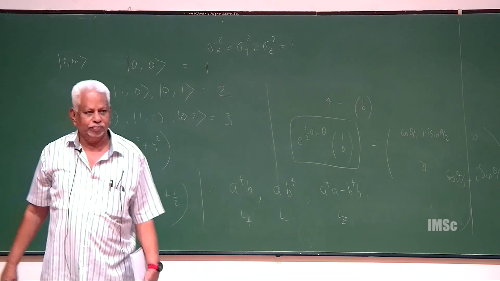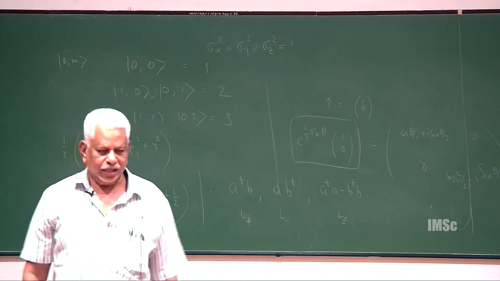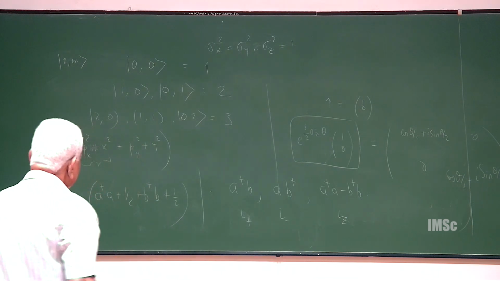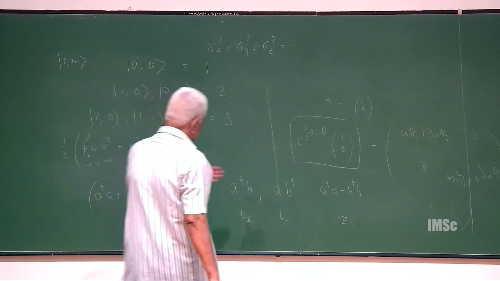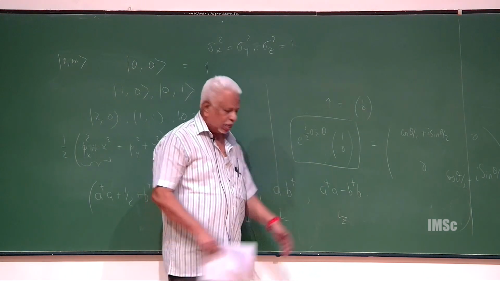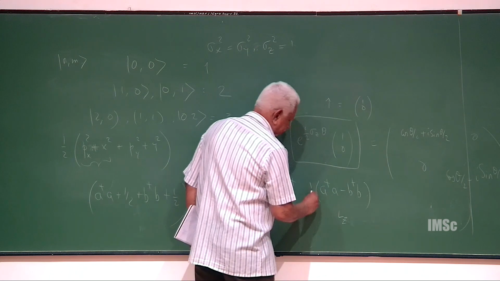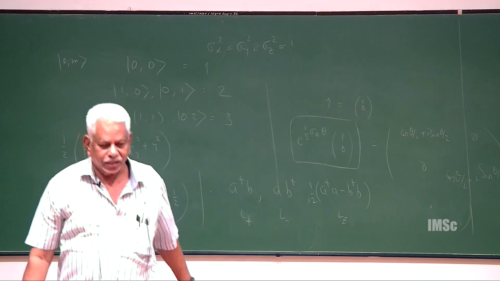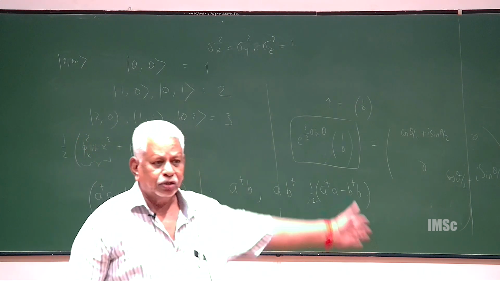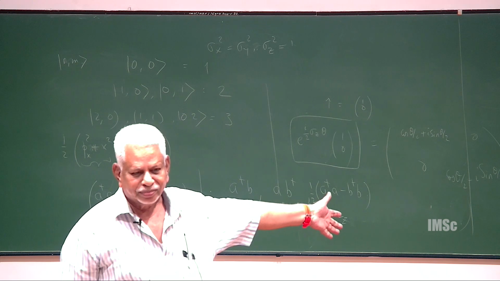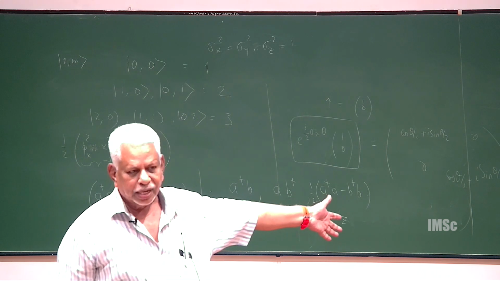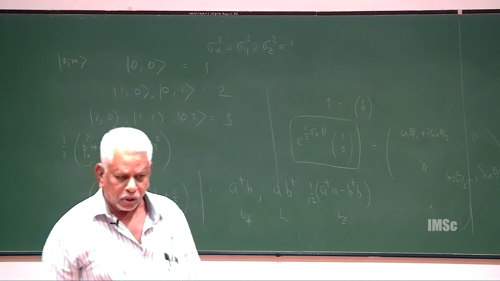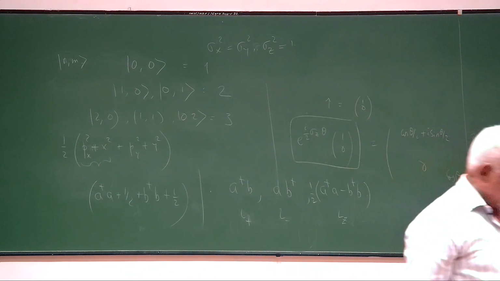Construct the commutation relations between these three objects. Unfortunately, it will turn out to be exactly your angular momentum algebra. That is an exercise you can report to me by tomorrow morning or today evening. I am going to stop here.